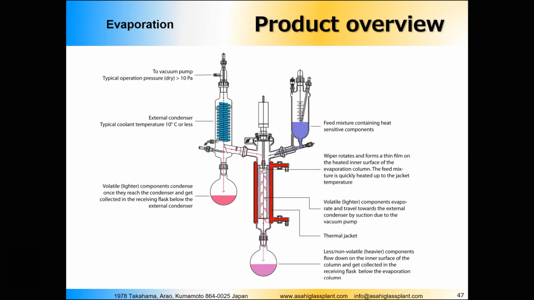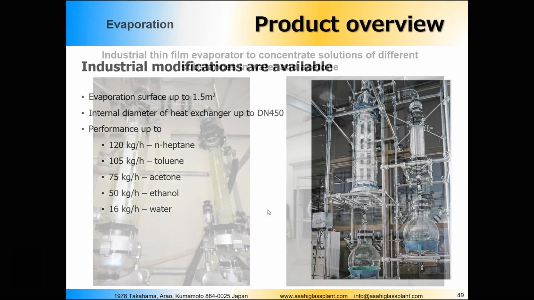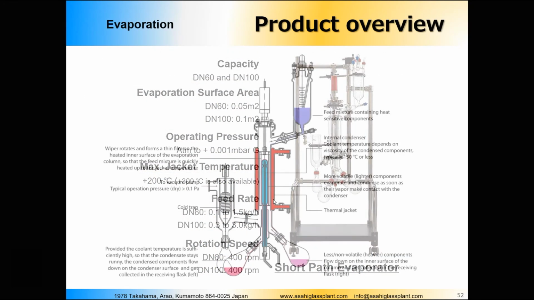So it will start to condense straight on the wiper, and it will still fall into the receiving flask of the thin film evaporator. That is why we need the short path evaporator.